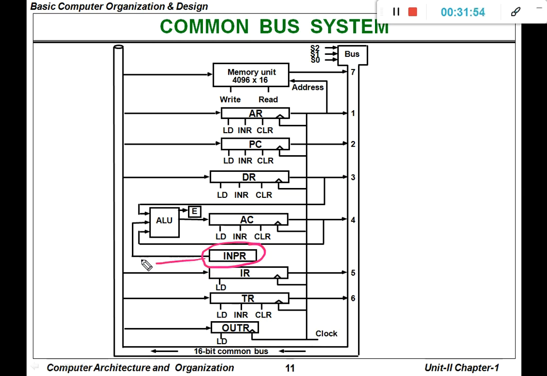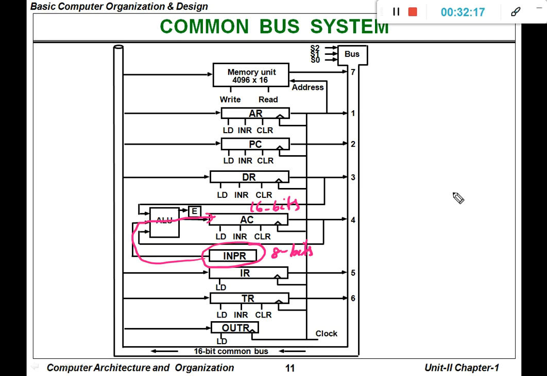It is stored through the ALU in the accumulator register. But you may have a doubt. The size of the accumulator register is 16 bits, isn't it? 16 bits. But what is the size of INPR? 8 bits. So no problem.